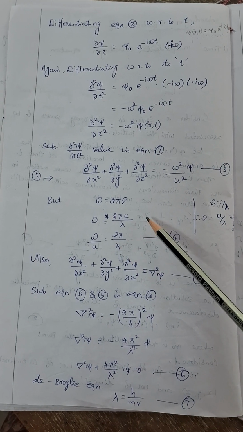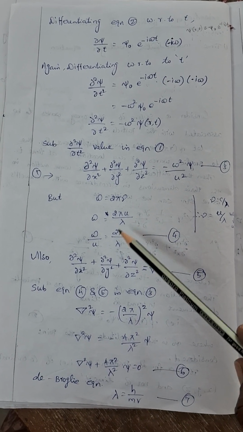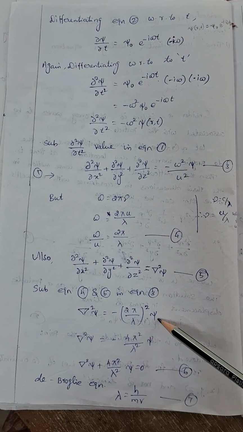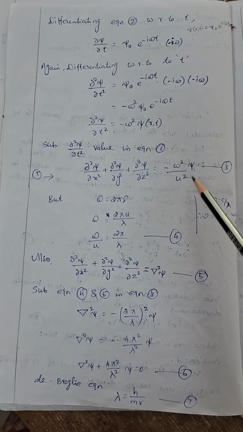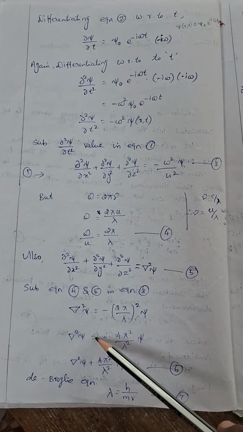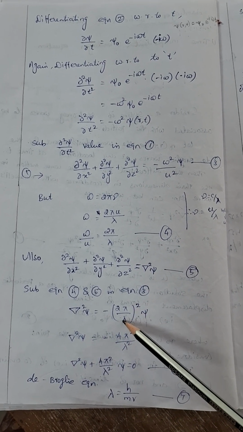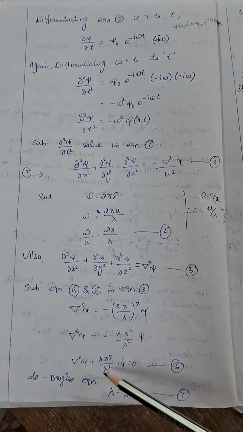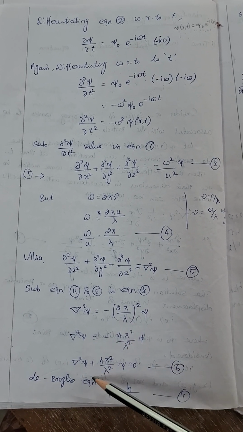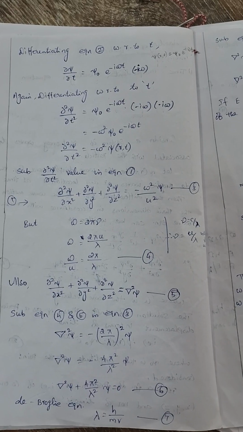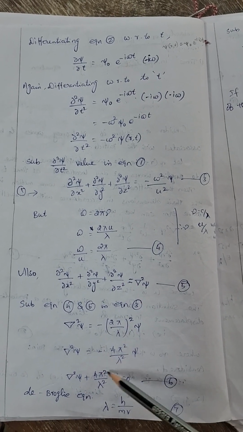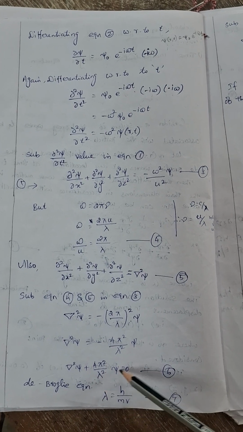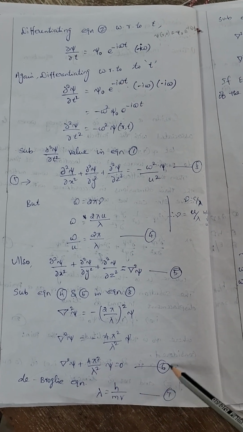So we put the whole as a square: (2π/λ)² times ψ. So ∇²ψ = -4π²/λ² ψ. It will come to this side, minus value becomes plus value. So ∇²ψ + 4π²/λ² ψ = 0. This is equation number 6.